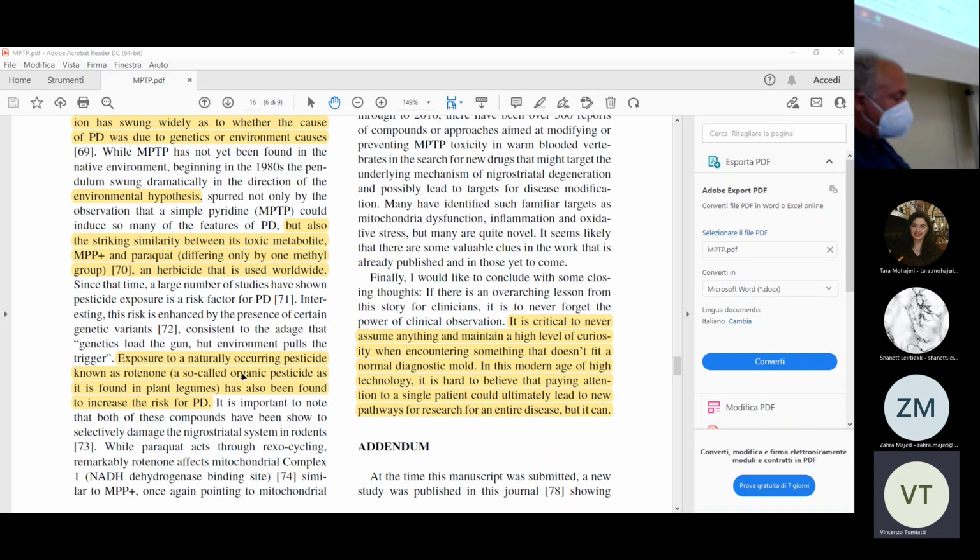Perhaps it is a mixture of genetic and environmental reasons, I think. This is my personal opinion. Okay.